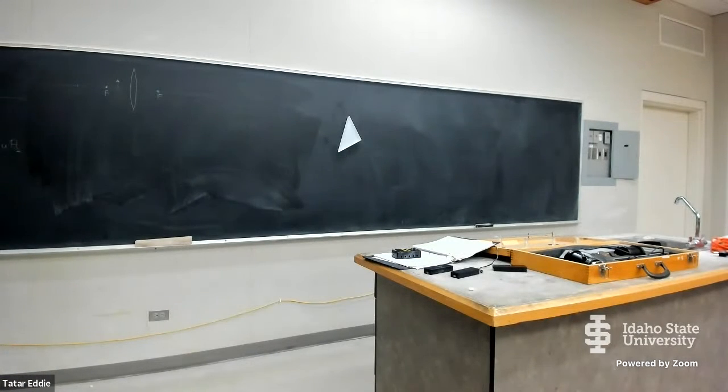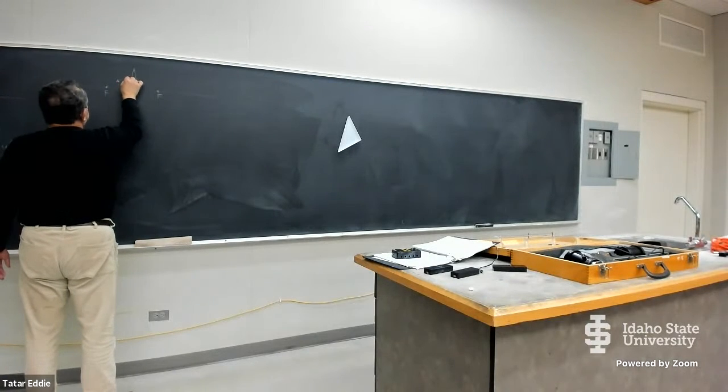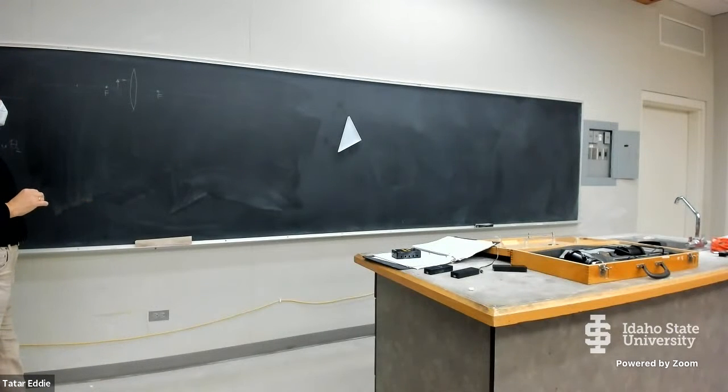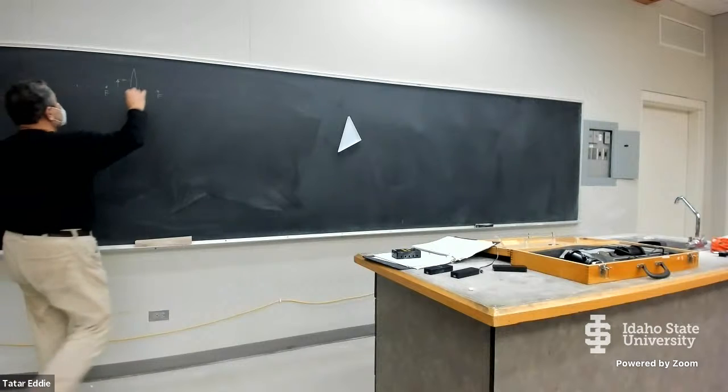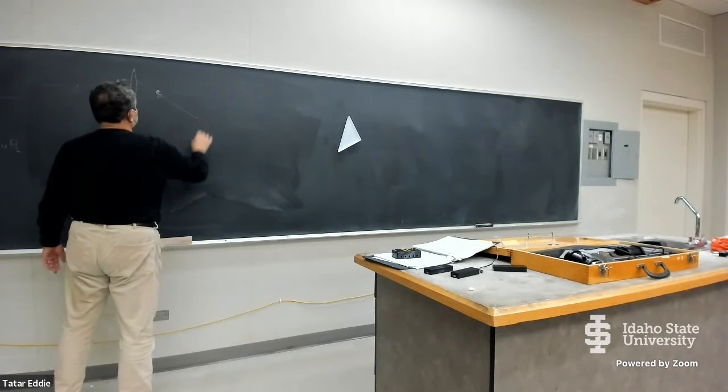So let's have the object there, and now let's form the image. One easy to trace light ray would be parallel to the principal axis. On the other side, it is going to go through the focal point.